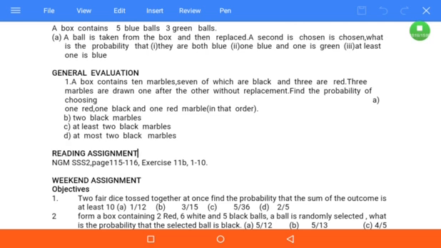That's 3/10 if you pick the first red. If you pick one black, we still have 7 black. That's 7/9 because we did not replace it. 7/9 times, because it's and, one red again. Now you have picked one red before, so it's remaining 2 red. 2/8. So your sample space will reduce from 10 to 9 to 8.